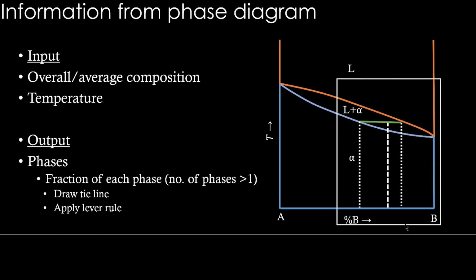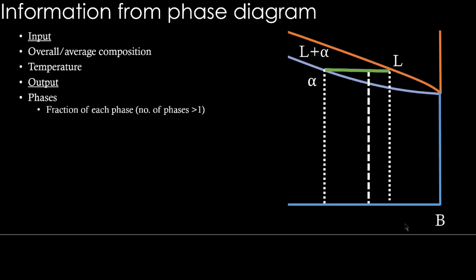Let's zoom into this area like this. Let's take the overall composition to be this CB naught, and the composition of alpha is CB alpha here, composition of liquid CB liquid here.